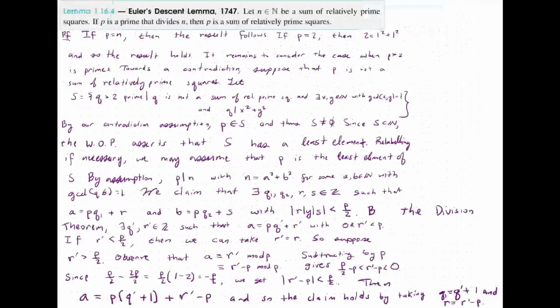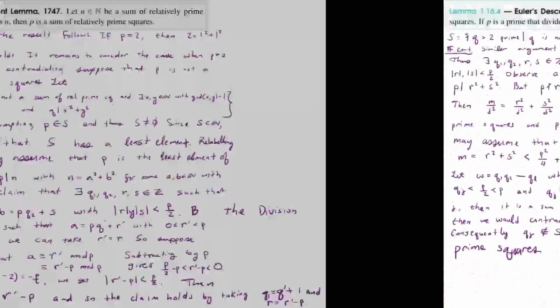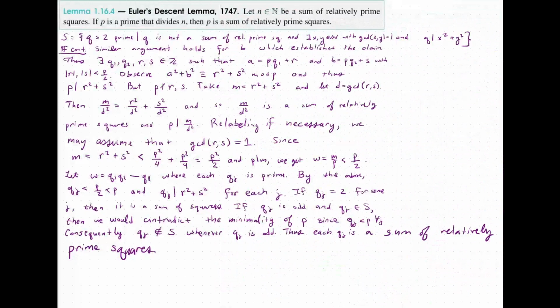And now we go back to the statement we proved at the end of our last lesson. So recall that if we have a natural number n, and Q is a prime factor of n, which is also a sum of relatively prime squares, which is what we have right now for each of our Qj's, then n over Q is a sum of relatively prime squares. So let's go ahead and apply that.